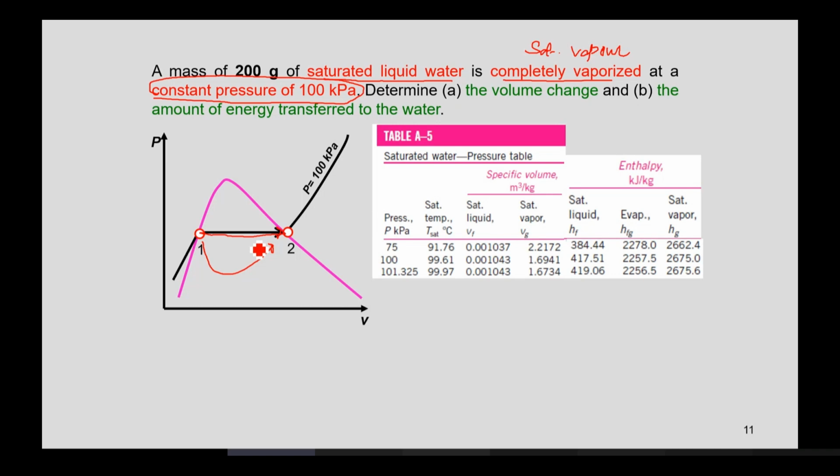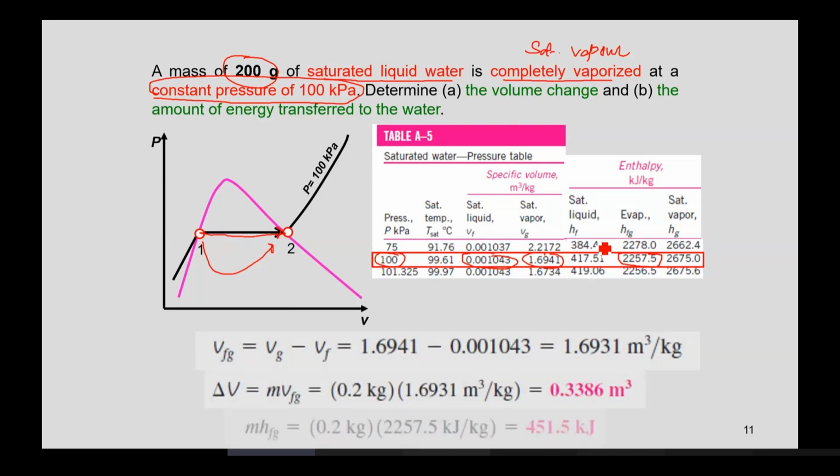So in order to calculate the volume change for 100 kilopascal, you only have to find out vf, vg. The difference of the two would give you change in specific volume. You will multiply it by the corresponding mass, and this would give you the volume change. Similarly, hfg is given to you. Just multiply it with the mass, and it would give you the corresponding change in energy that is being transferred to the system as the system moves from state 1 to state 2.